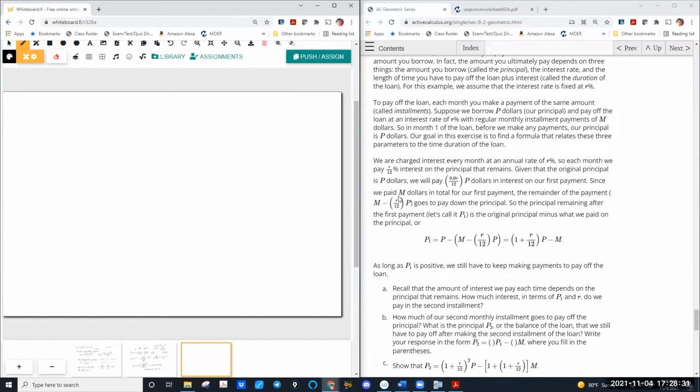Some of it goes to interest, the rest goes to principal. So this here, this M minus R over 12 times P, R over 12 times P is the amount we're paying in interest. So our monthly payment minus the interest is what goes towards the principal.